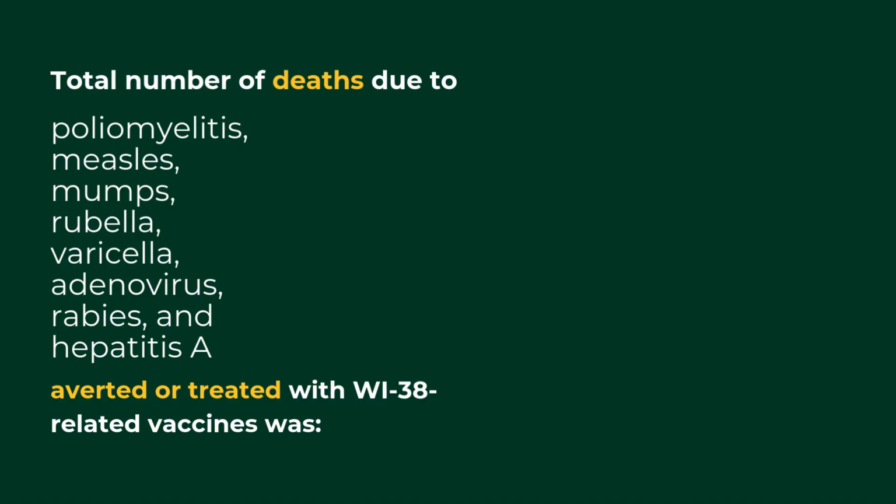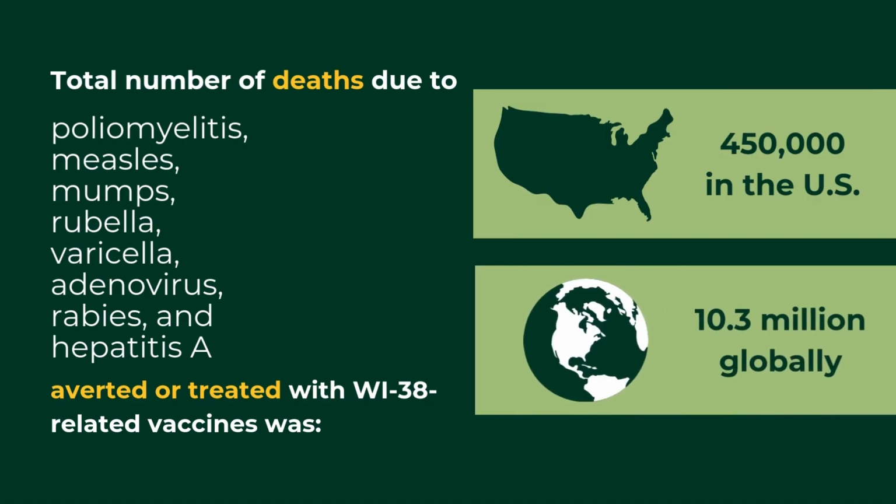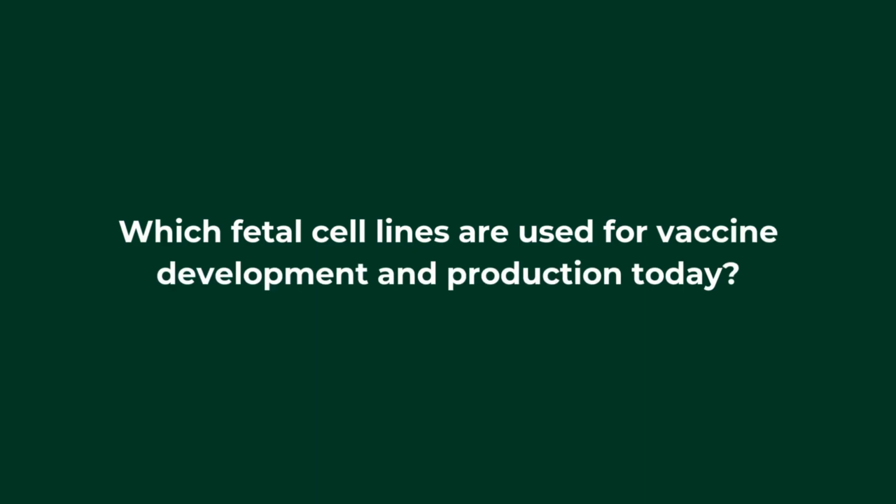The total number of deaths averted from these same diseases was approximately 450,000 in the U.S. and 10.3 million globally. Which fetal cell lines are used for vaccine development and production today?